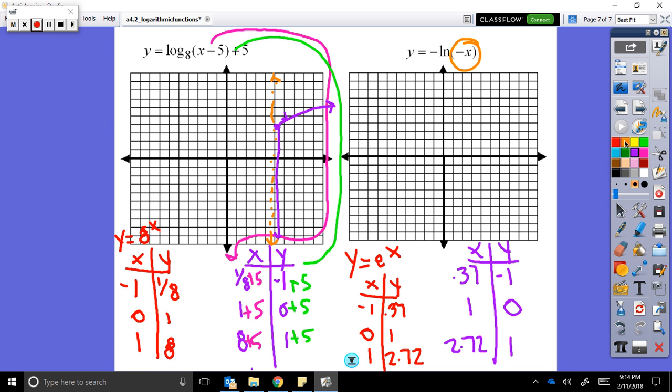All right, so negative, negative, negative, okay, and then what does this one do? Negative, negative, negative, which of course 0 can't be negative. All right, so take a minute and graph that for me.